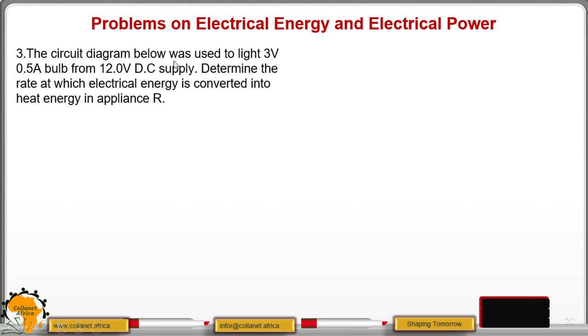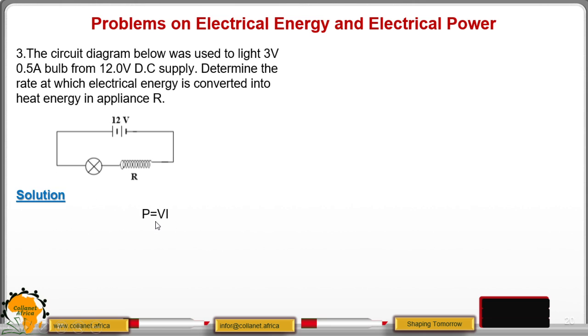The circuit diagram below was used to light 3 volt 0.5 ampere bulbs from a 12.0 volt DC supply. Determine the rate at which electrical energy is converted into heat energy in appliance R. So we have this, we have our bulb, we have this as our R. So we proceed as follows.